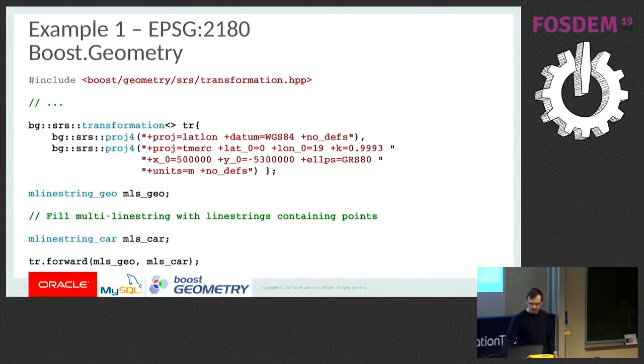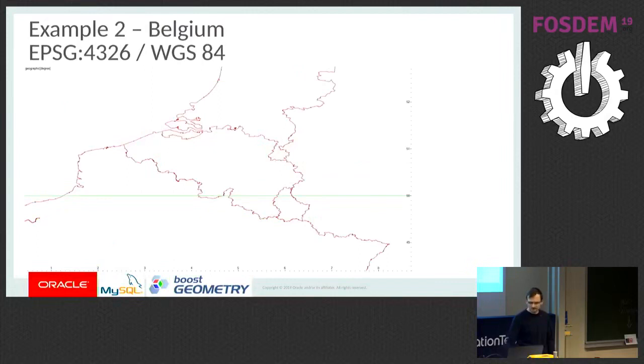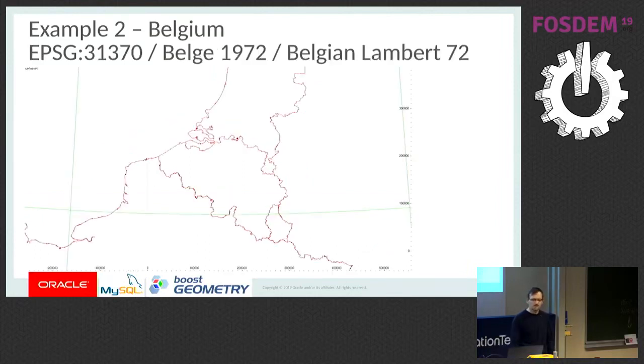Right. So another example, the same story. Belgium, raw geographic coordinates, and this is how it should look like. And again, the standard spatial reference system for Belgium, number EPSG 31370.